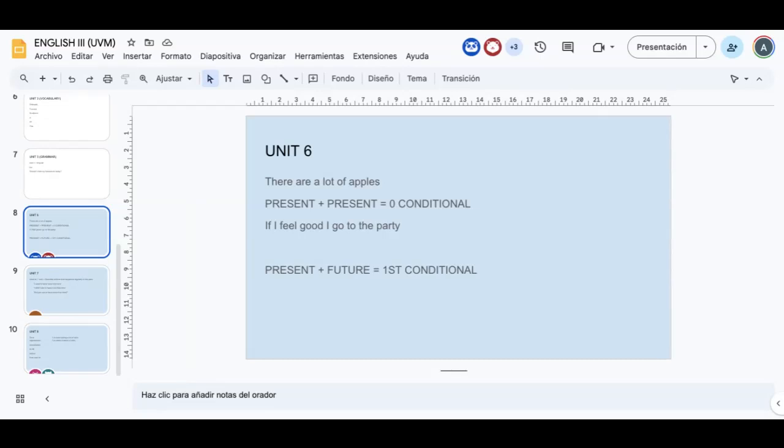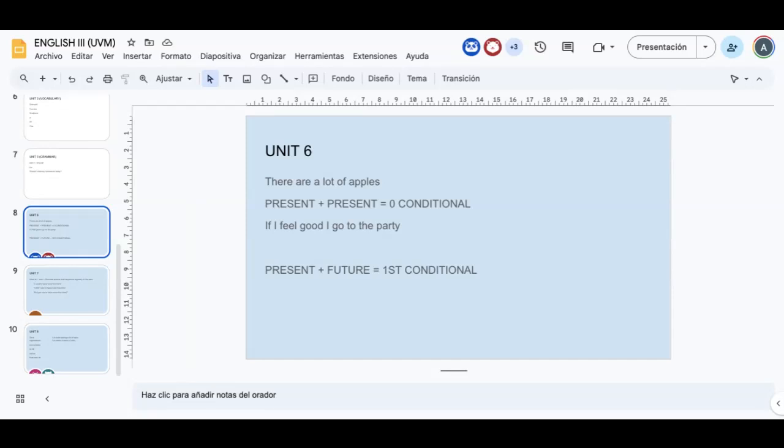For example, present plus present conditionals are usually used to talk about scientific facts. If you heat water, it boils. It's a general truth, it's a general fact. Here and in China, if you heat water, the water boils.